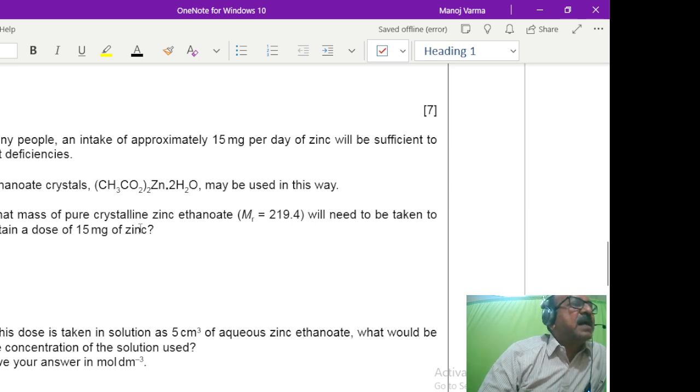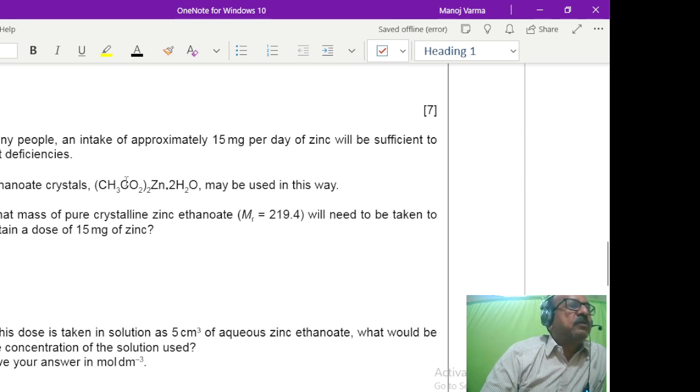Right. So what mass of pure crystalline zinc ethanoate, so this is the MR, will need to be taken to obtain a dose of 15 milligram? So what is the mass that you will require, because you need 15 milligram of zinc.